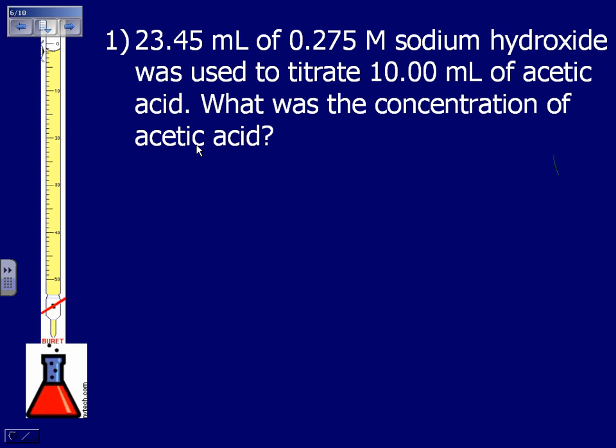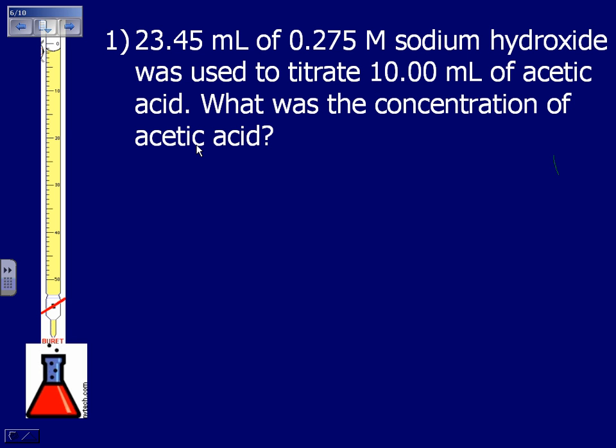We need to write all of our stuff underneath the balanced chemical equation so that we can make sense of what we're doing. Now, sometimes a question like this is mistaken as a dilution question. If you don't have a good understanding, it's very easy to think that you've got a V1 and a C1 and a V2 and you want to find a C2. But if you read the question carefully, it says that the sodium hydroxide is titrated against acetic acid.